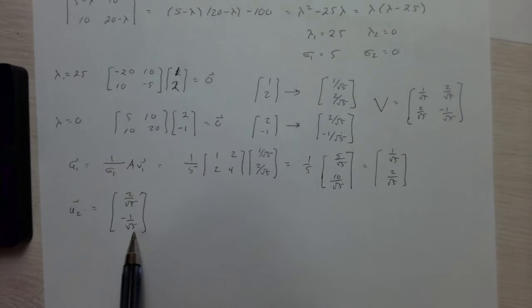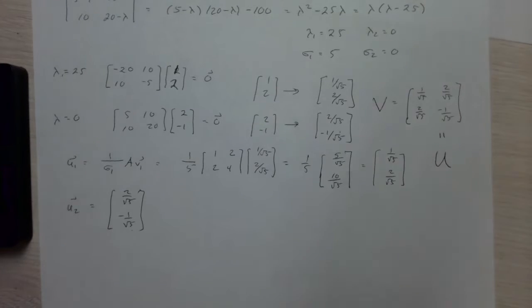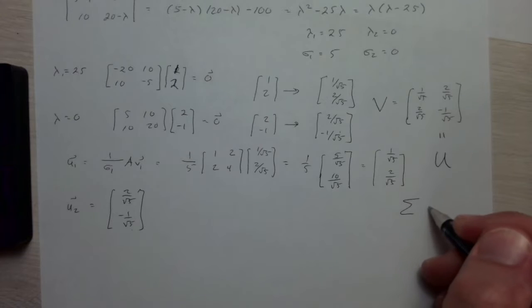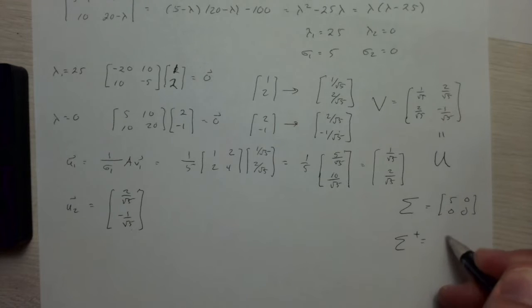Okay, so believe it or not, in this case, U and V are going to be the same matrix. And sigma is going to be 5, 0, 0, 0, and sigma plus will be 1/5, 0, 0, 0.